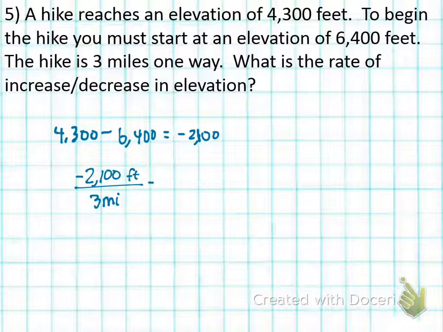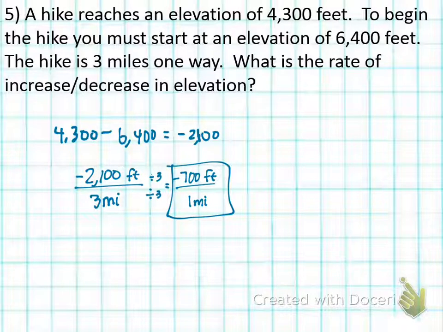So you divide both the numerator and denominator by 3, and you get 2,100 divided by 3 is negative 700 feet down 1 mile for each mile. And that's pretty steep, actually. That's going to be really difficult to come out of that hike when you go downhill. So, that's how we do that one, okay?